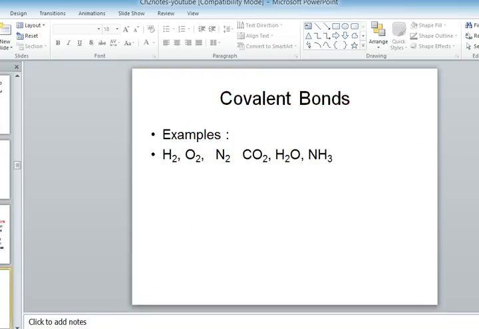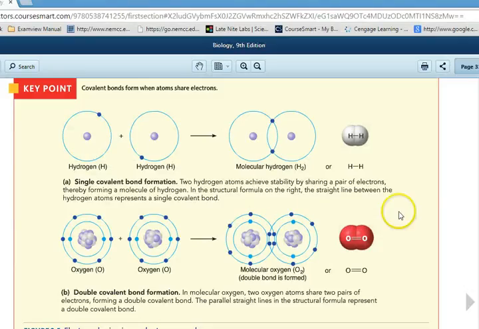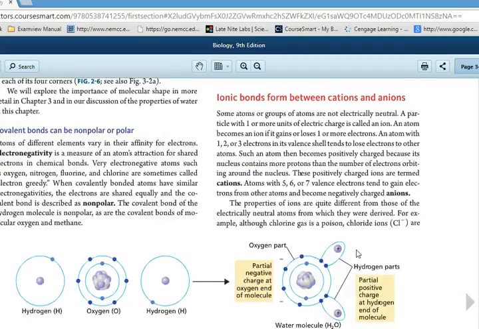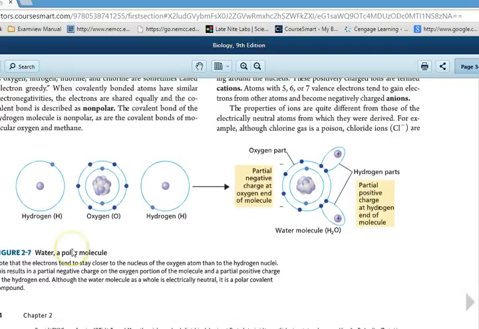Okay, so let's go back to the textbook for a second, and let's flip over here. Okay, here we go. Water down here. So water, here's your oxygen. It has 6 electrons in the outer shell. Here's a hydrogen with only 1 electron in the outer shell. That hydrogen needs another electron.